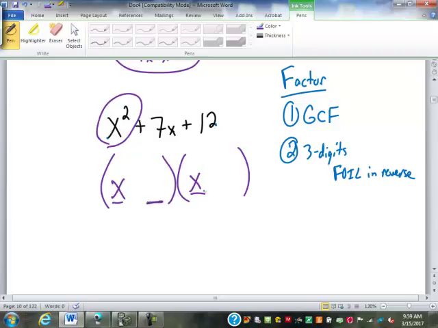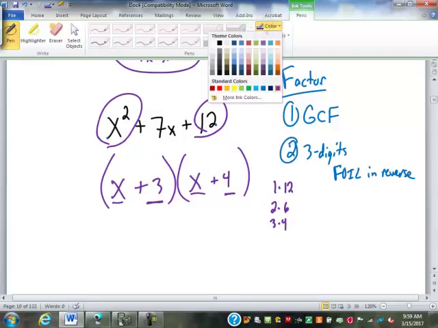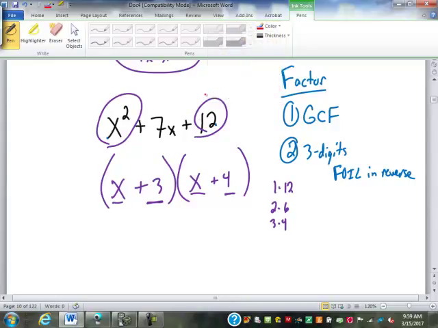We know these last 2 digits have to multiply to make 12. Now that's going to leave us with a few possibilities. We've got 1 times 12, 2 times 6, and 3 times 4. Which one do we want to try? 3 times 4. Let's put in 3 and 4. How do we know if that's the right combination? Well, we'll check on the outside here.